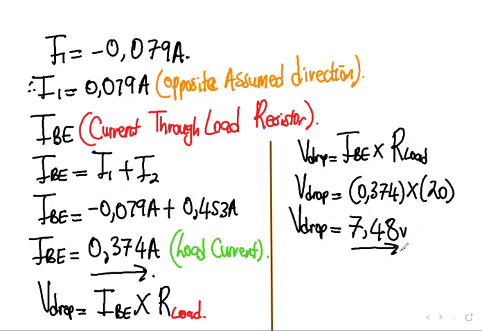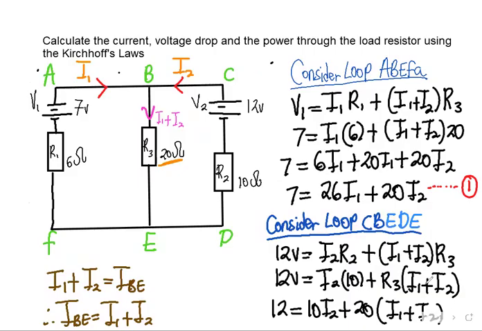So this can be Roman figure number 2, and now I'm going to do Roman figure number 3, because here they wanted us to calculate the current, which we did, the voltage drop, which we just got, as well as the power.